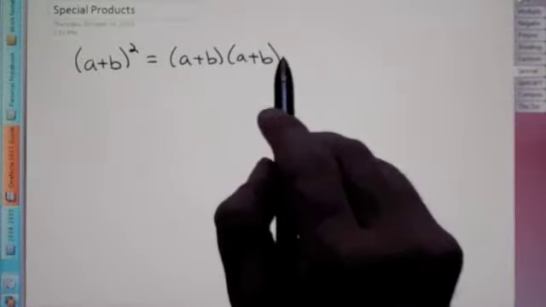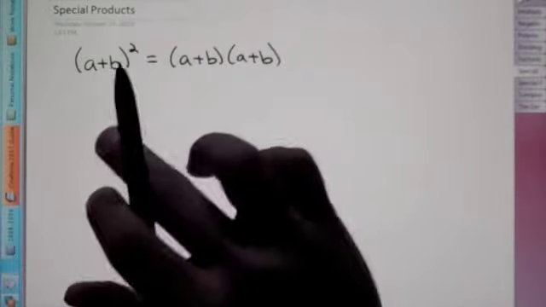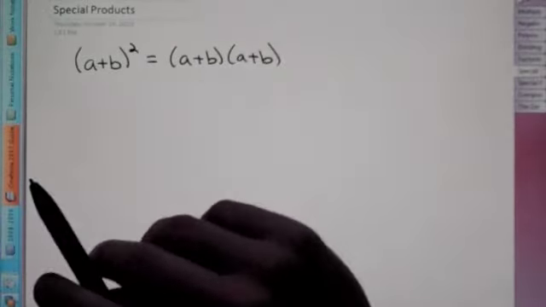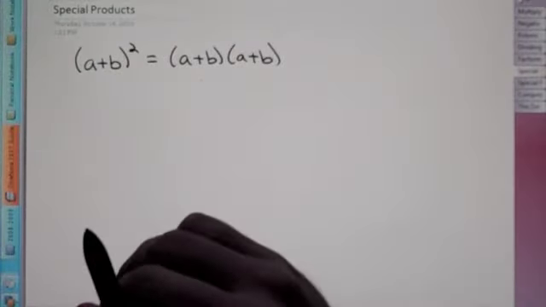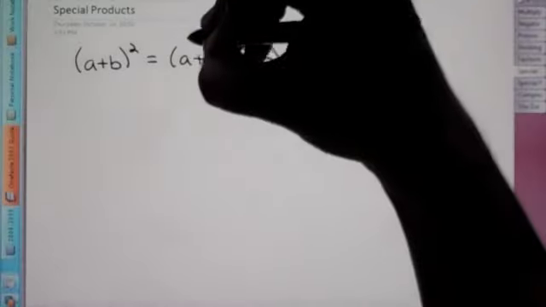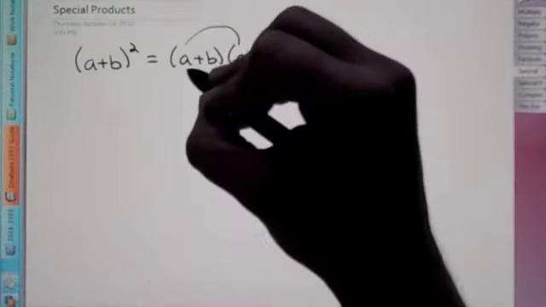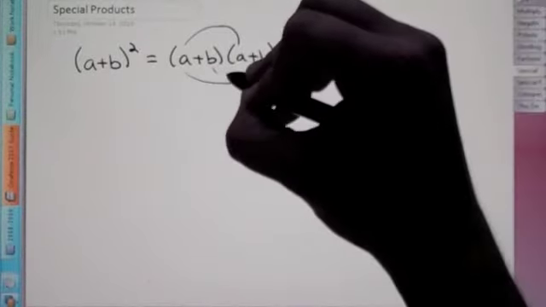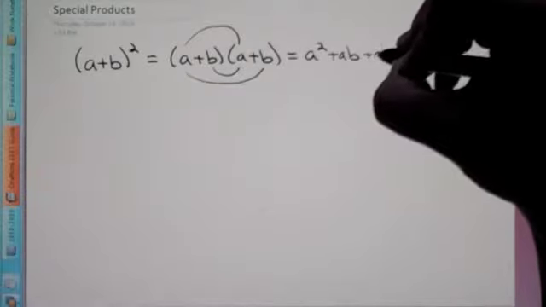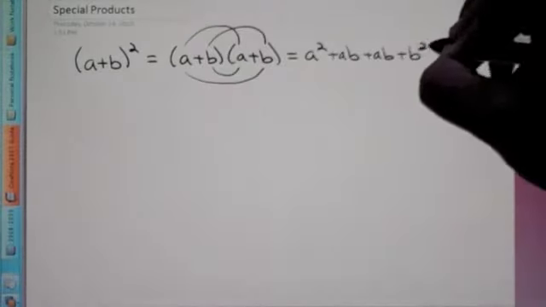A term times itself. Well, we're going to do the FOIL method for this problem so that I can show you that there's actually a shortcut when you see a parentheses that has a plus and a square. So we do the FOIL method. First, you have a squared, outer, which is ab, inner, b times a is also ab, and last, b times b is b squared.